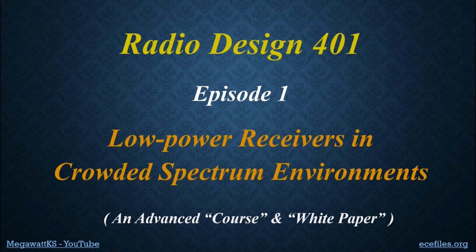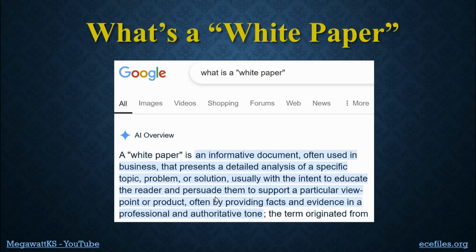And this is not something that's really done these days. These filters are, I don't want to use this term, but they're kind of cutting edge. And so remember, this is, in addition to an advanced course, Radio Design 401, this episode is essentially a white paper. This is a proposed way of doing stuff in the future.